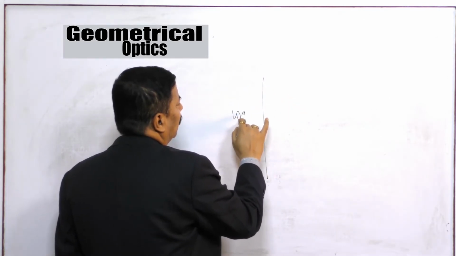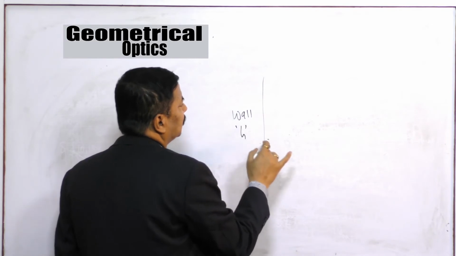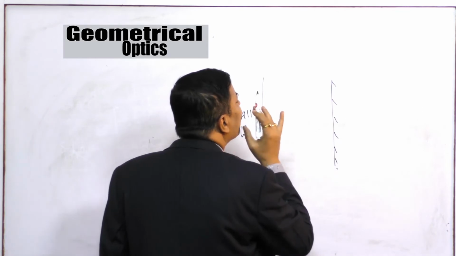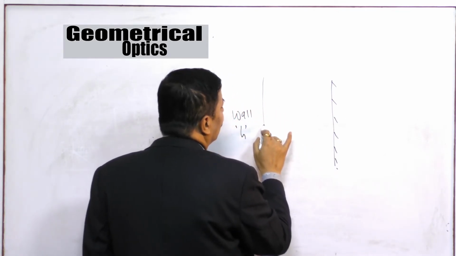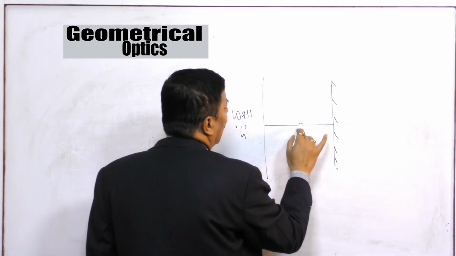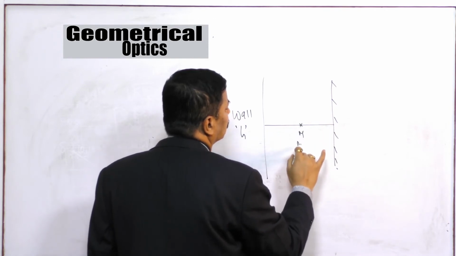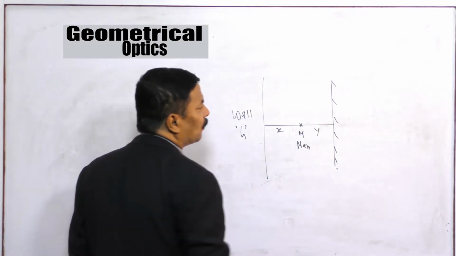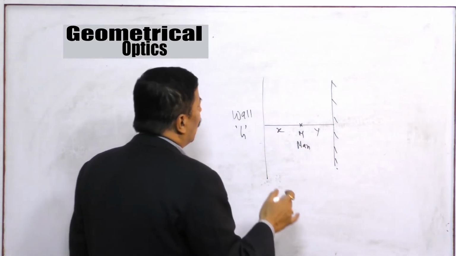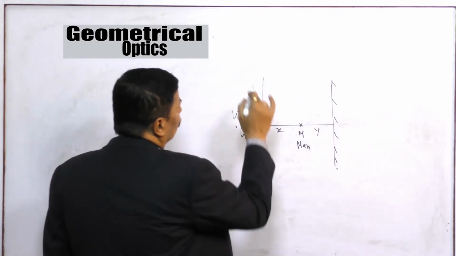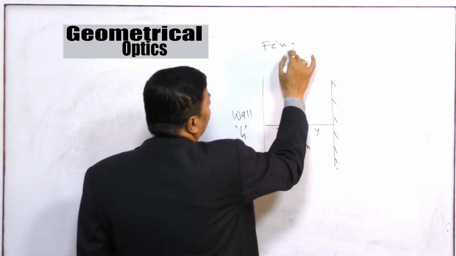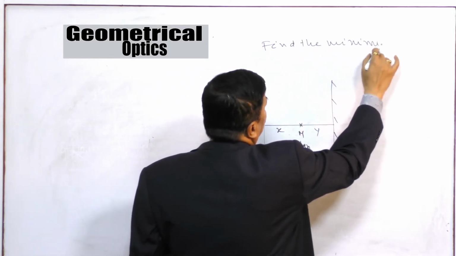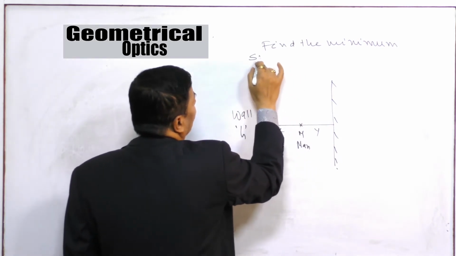This is a wall, height is h, here is a mirror, in between the wall and mirror there is a man M, not in the midpoint. This distance is x, this distance is y. You have to find the minimum size of plane mirror.